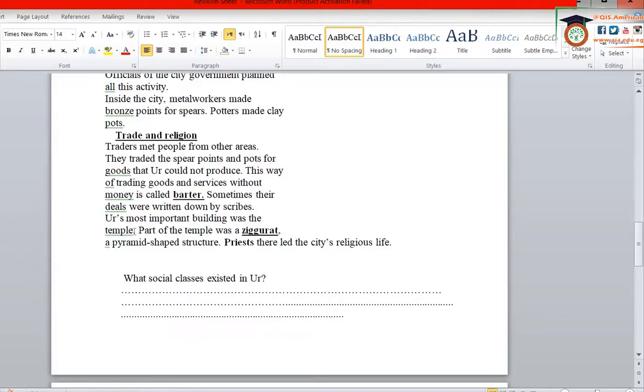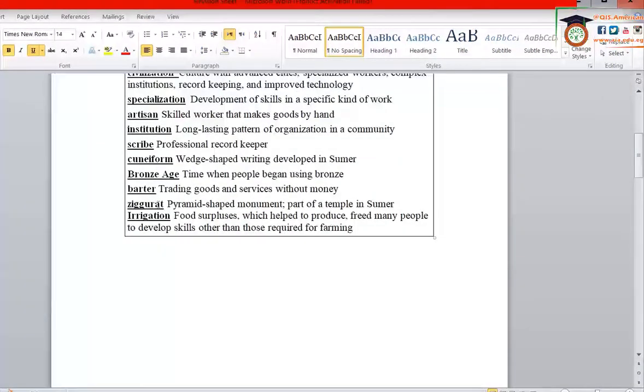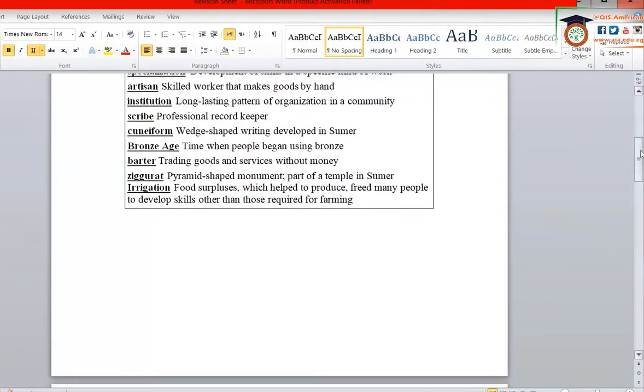Well, the holy temples were called ziggurat. Here, you will find the term up there. It's a pyramid-shaped monument, part of a temple in Sumer. Very important.